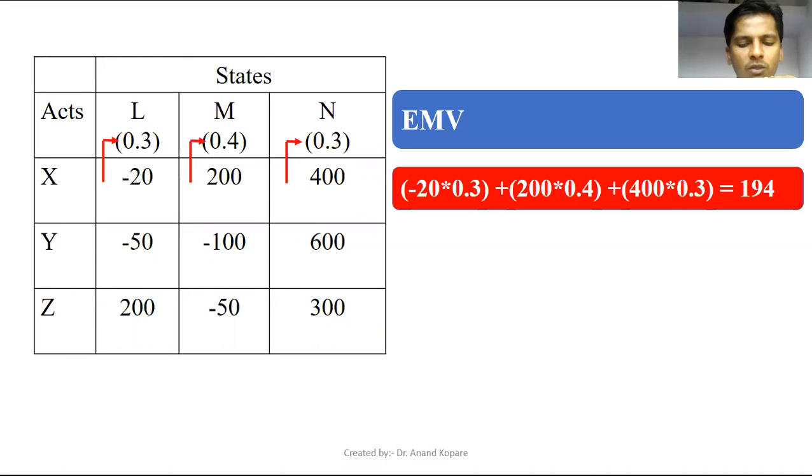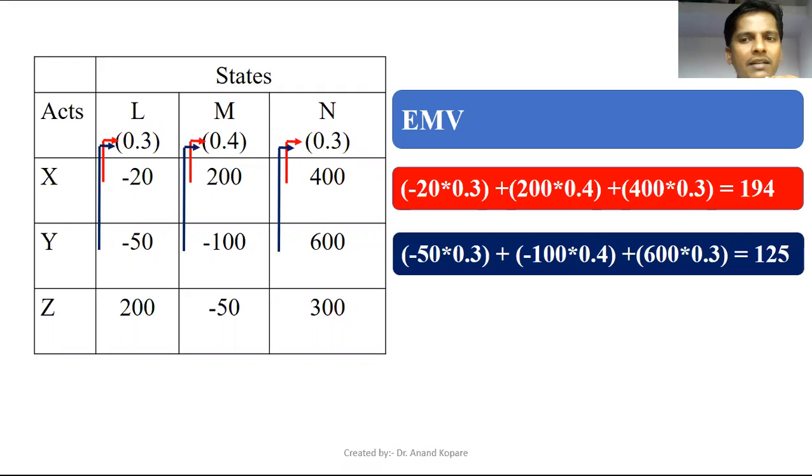The same way, find the EMV for the second act: minus 50 into 0.3 plus minus 100 into 0.4 plus 600 into 0.3.